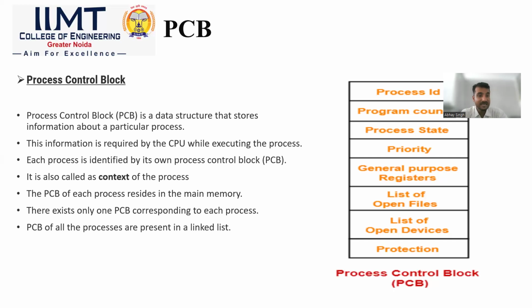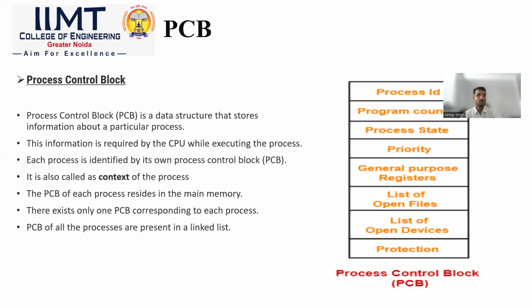Each process is identified by its own process control block. It is also called the context of the process. The process control block of each process resides in the main memory. There exists only one process control block corresponding to each process.